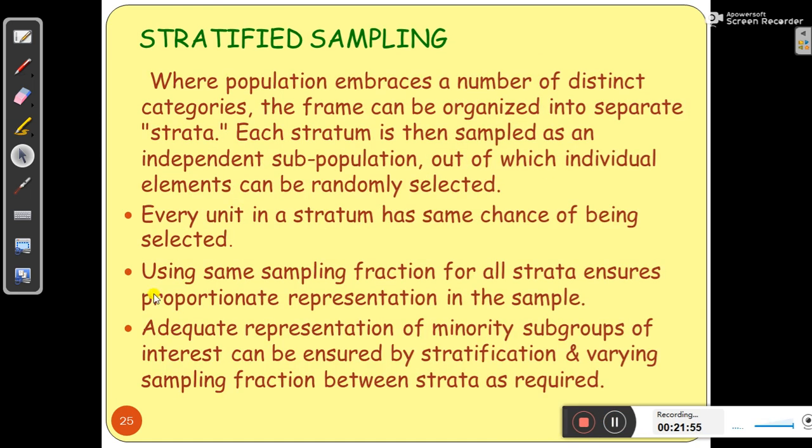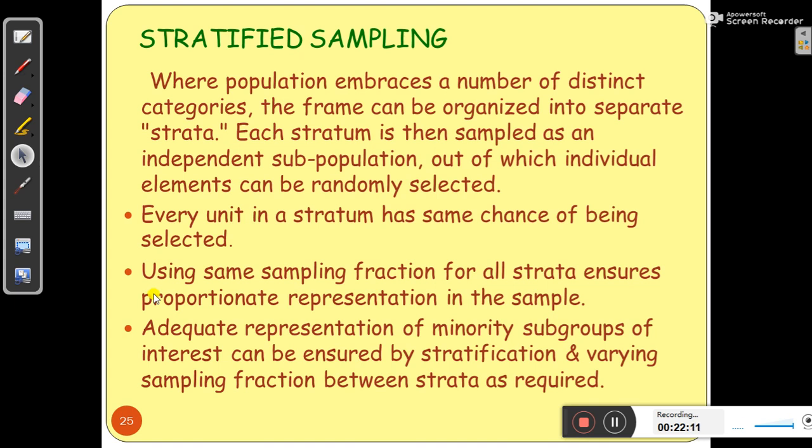Next is stratified sampling, where the population embraces a number of distinct categories. The frame can be organized into separate strata. Each stratum is then sampled as an independent subpopulation.